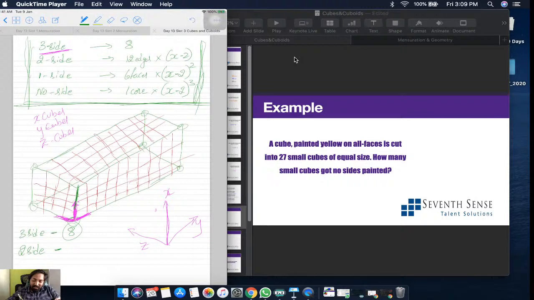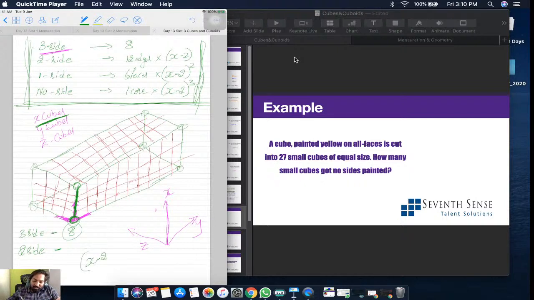Let's say I'll take x direction. In x direction, I know there are x cubes, but I cannot consider all the cubes on this edge as two side painted. I cannot consider the corner cubes. So the number of cubes on this edge will be x minus 2.